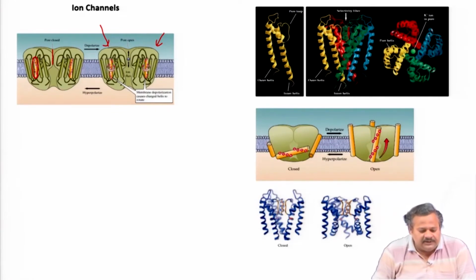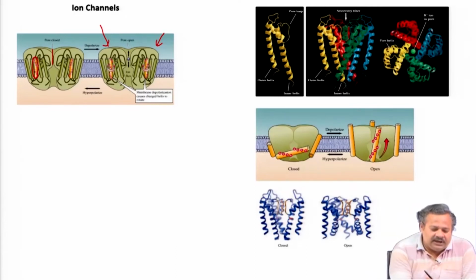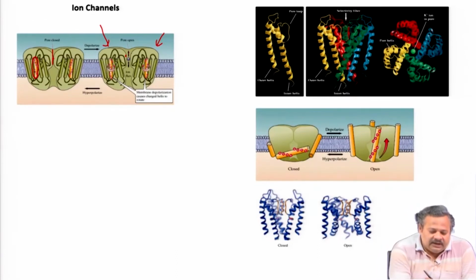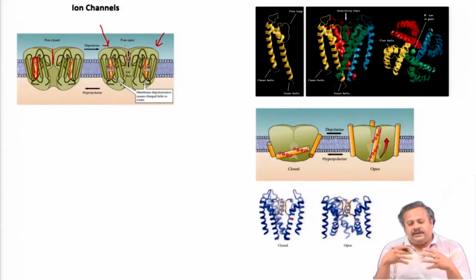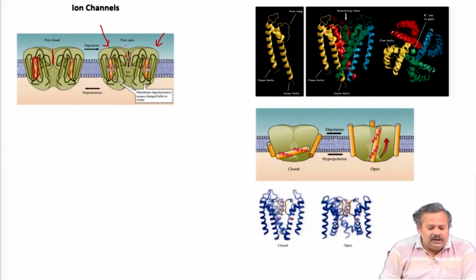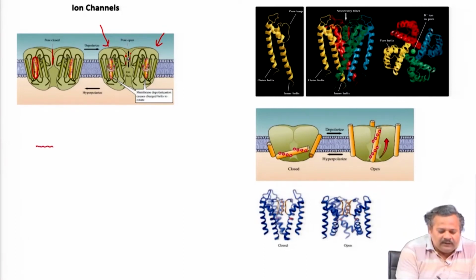That was one of the hypotheses, and it provides a conformational change such that the pore opens up compared to when it was closed, and that allows the ion to go through. The selectivity is actually based on the amino acid residues present at the pore opening, which allow a particular ion to go through and stop other kinds of ions. Later on, gradually, the hypothesis about the potassium channels came out with the final ideas.